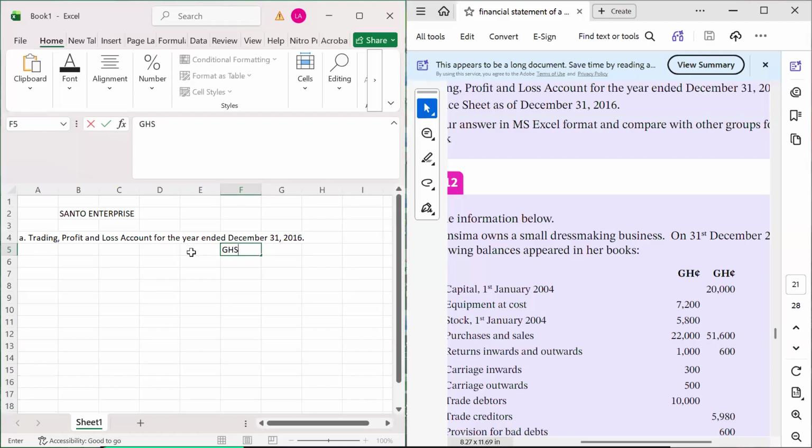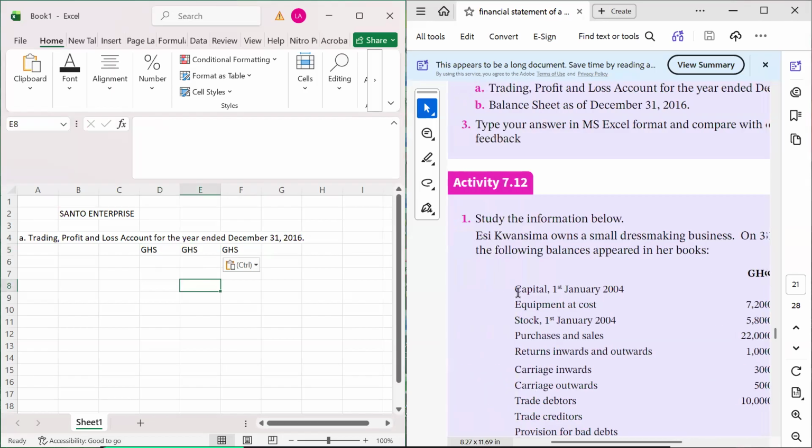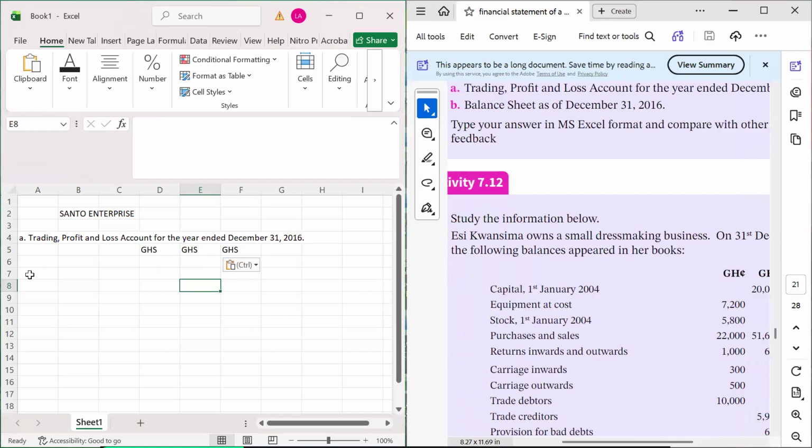Because you don't know whether there will be some adjustments, you give 3 spaces. Now, how do you start the trading profit and loss account? The first thing is you know your sales. So you bring the sales.